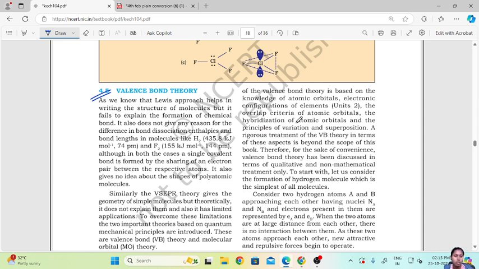Why does the dissociation enthalpy of hydrogen and fluorine vary? Why is there a difference between their bond lengths and dissociation enthalpies?